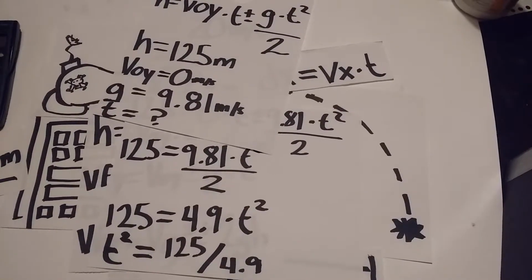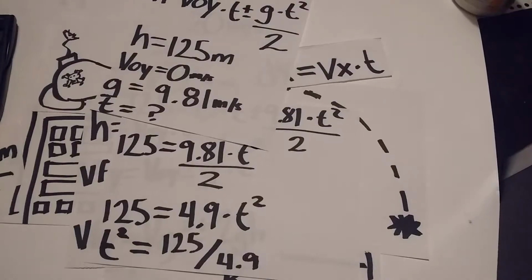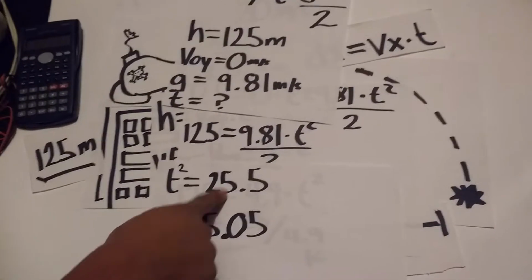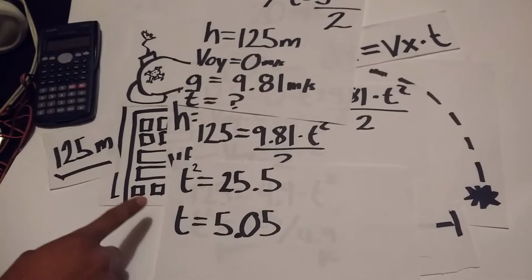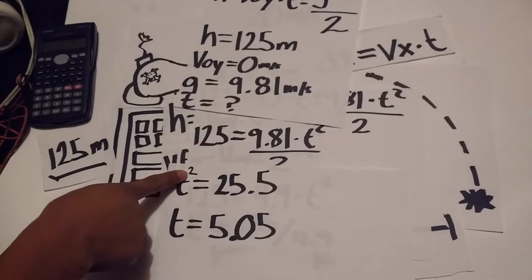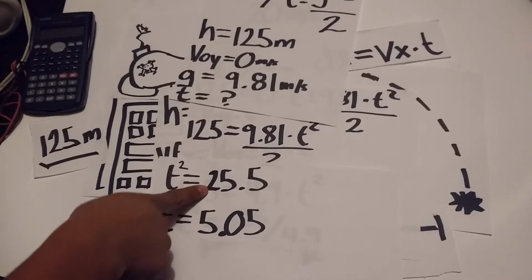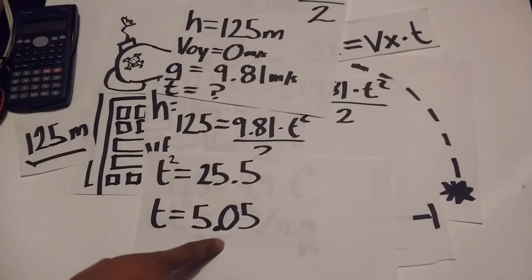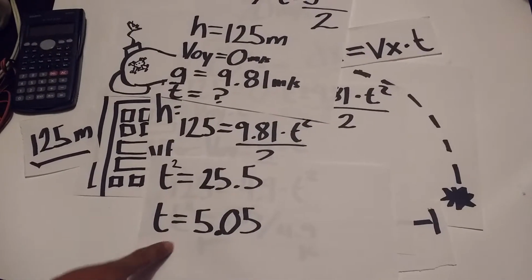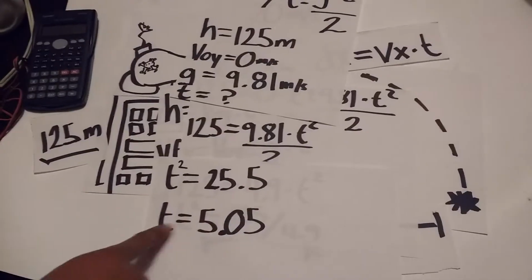The result is 25.5. The time is squared, so we have to take the square root, and the square root of 25.5 is 5.05, and this is the time.